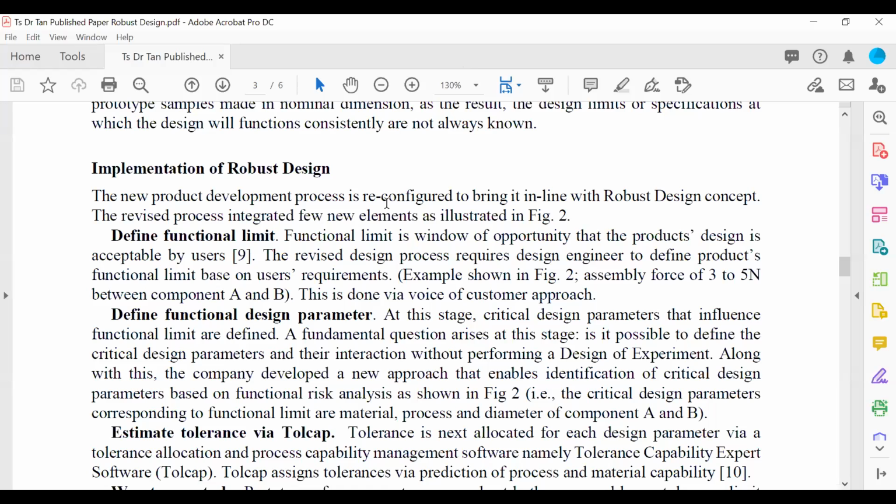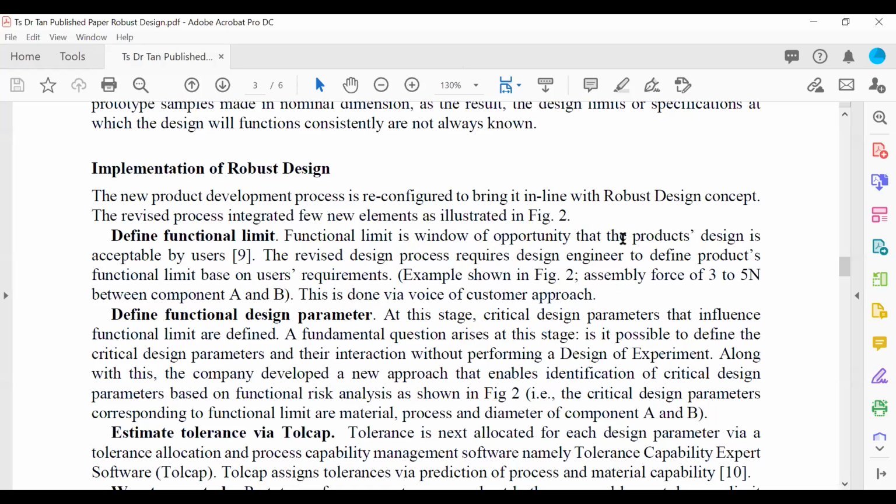So back to the paper, what I mean by system design here is to define a functional limit. Functional limit is a window of opportunity for the product design that is acceptable by the user. If I design something that's too hard to insert or too loose, the customer will not accept. Therefore, the first thing for system design is I need to do a study, make a prototype, and try what force would be acceptable to the customer.